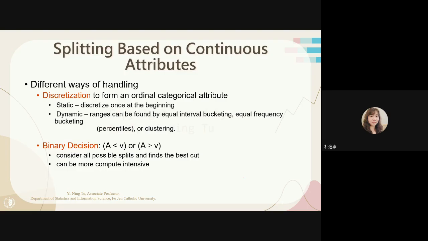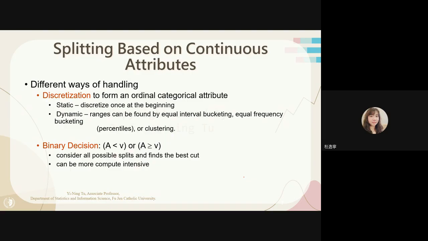And the third one is the continuous attribute. Continuous attributes have two methods, very important. First, for discretization we have two kinds. One is static discretization. What is static?